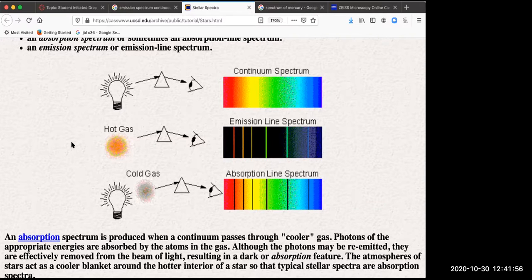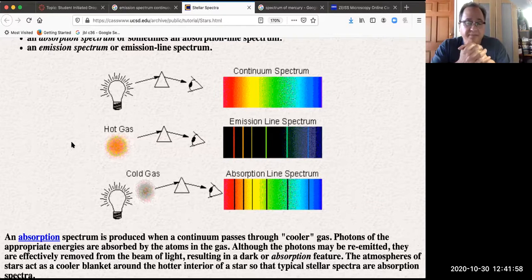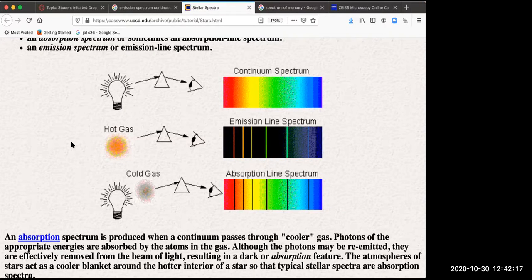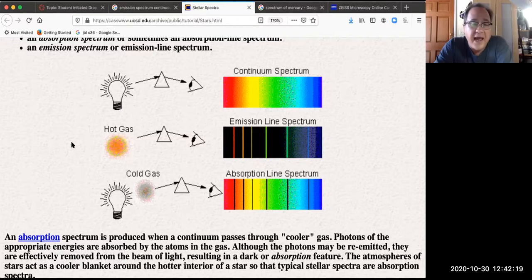Now, the last figure is really telling. It is a light bulb that you shine through the gas, but instead of having a hot gas that glows, it's just a cold gas. So coming out of the light bulb, we know we have a full continuous spectrum, all of the colors. But when you shine it through the cold gas and then through the prism, you don't get a full spectrum.